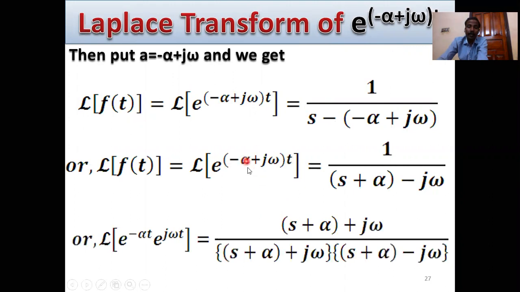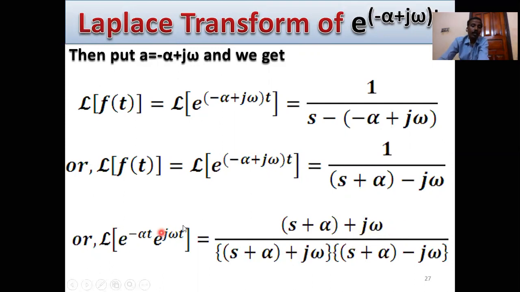Split left hand side and right hand side: e to the power minus alpha t into e to the power j omega t. Right hand side, s plus alpha minus j omega; multiply numerator and denominator by s plus alpha plus j omega.